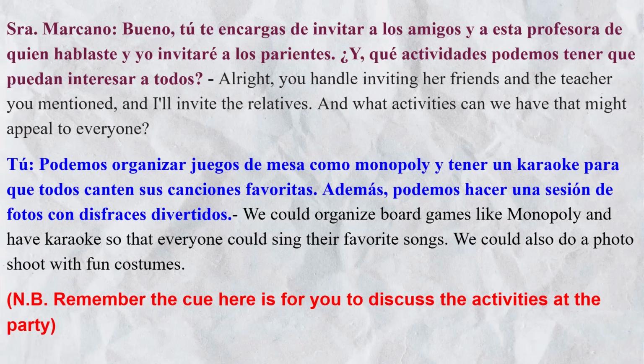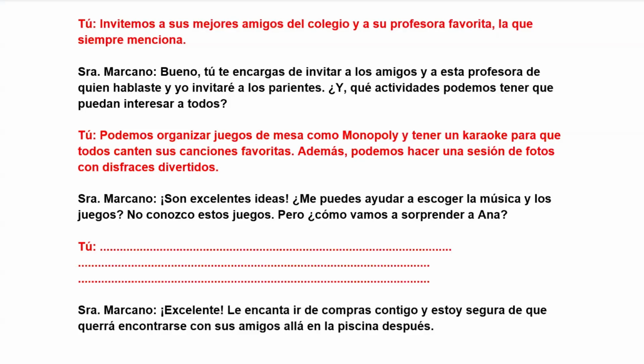Okay, so now we're going to read this response in the dialogue to see if it fits well within the context of the conversation. Okay, so as you can see here, after she says, all right, you'll be in charge of inviting her friends and this teacher that you mentioned, and I'll invite the family members or the relatives.